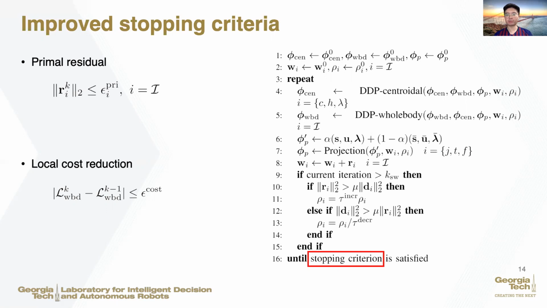This can lead to locomotion failure, since the local cost function for the whole body model contains tasks such as swing foot tracking, which is crucial to the success of whole body motions. We design an additional stopping criterion for the local cost reduction to remedy the shortcoming of residual-only stopping criteria.